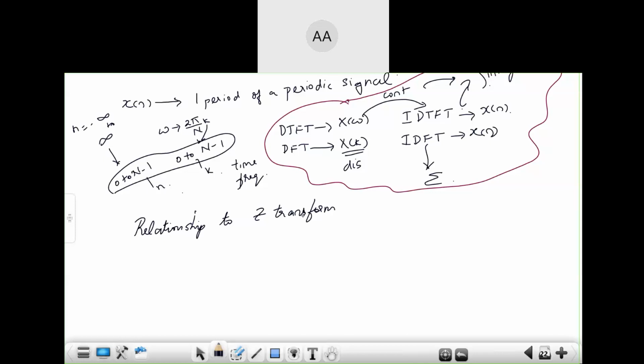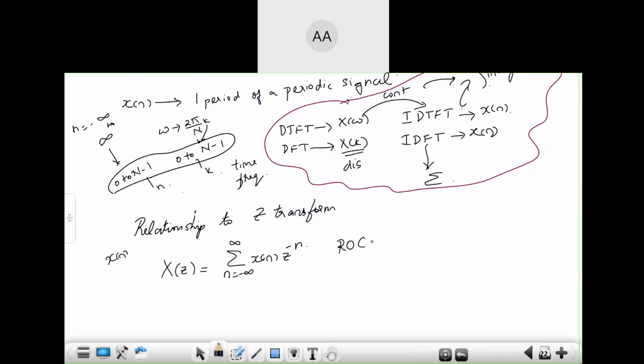Okay. Write down. Double-sided Z transform of a sequence x of n is given by summation n equal to minus infinity to infinity x of n z power minus n, with an ROC.